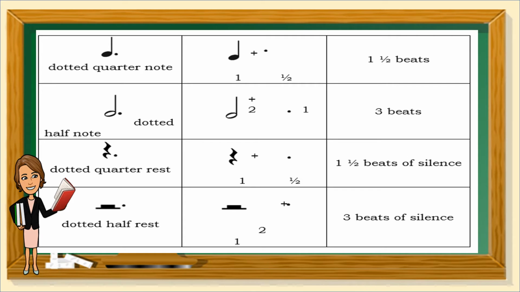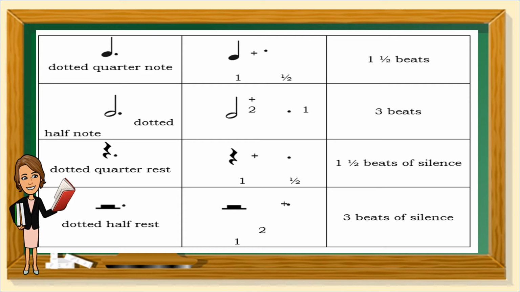Next is the dotted quarter rest. The original value of this rest is 1 plus the half of 1. So we have now 1 and 1/2 beats of silence. So that is now the time value of a dotted quarter rest.